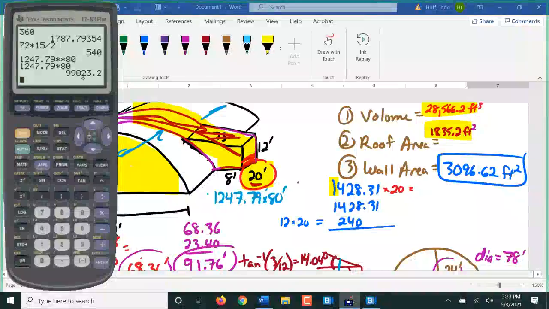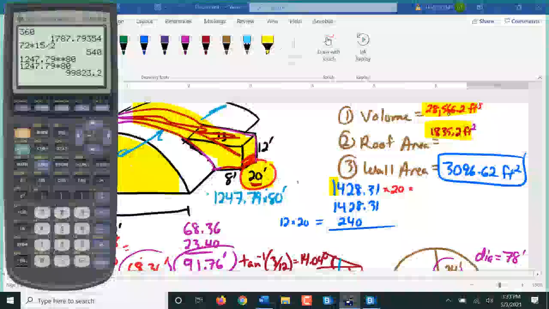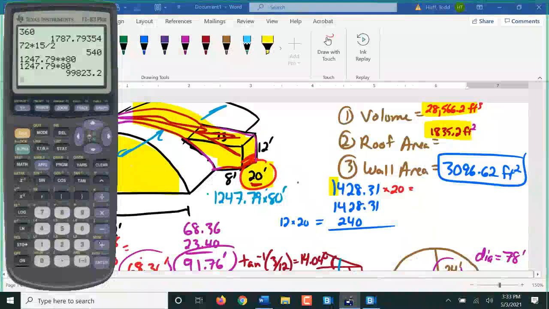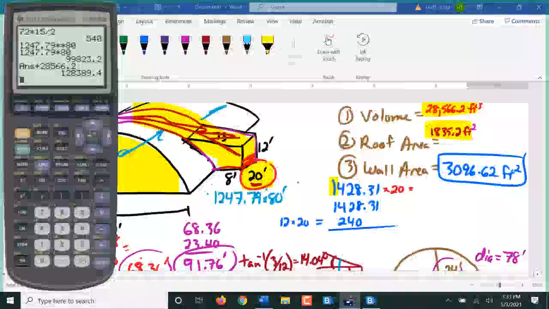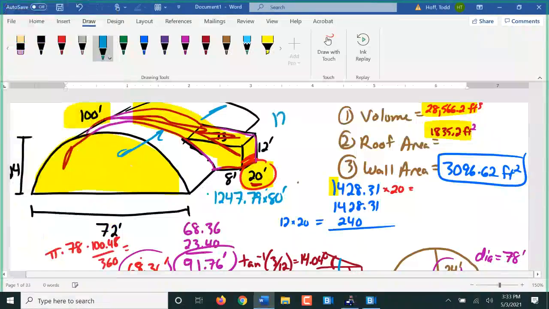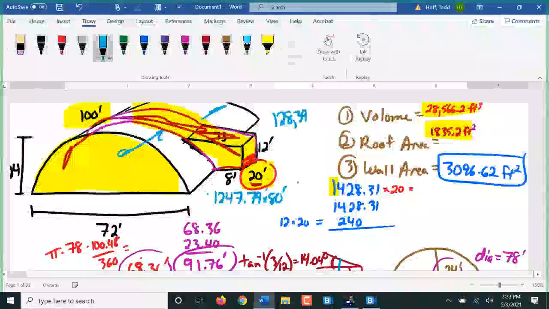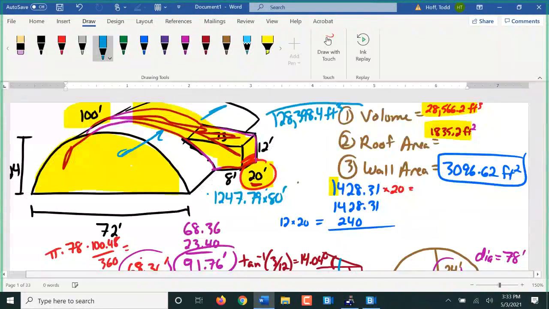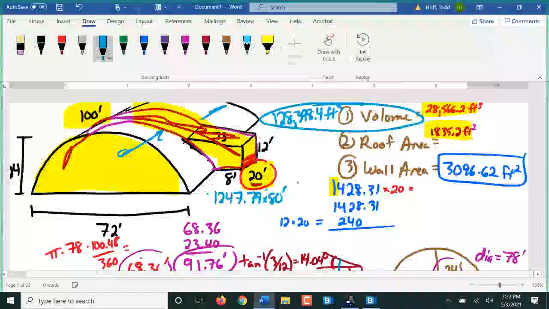We're going to add to that 99,823.2 the 28,566.2 we already had. That's 128,398.4 for volume.